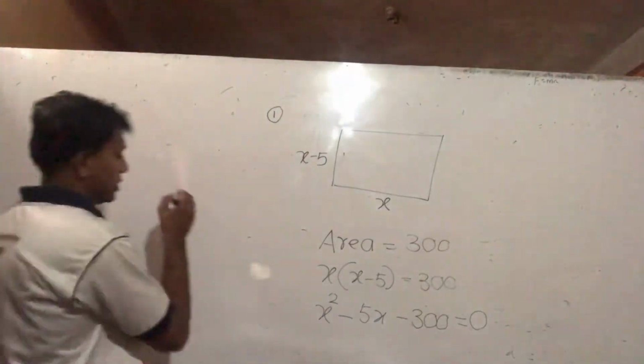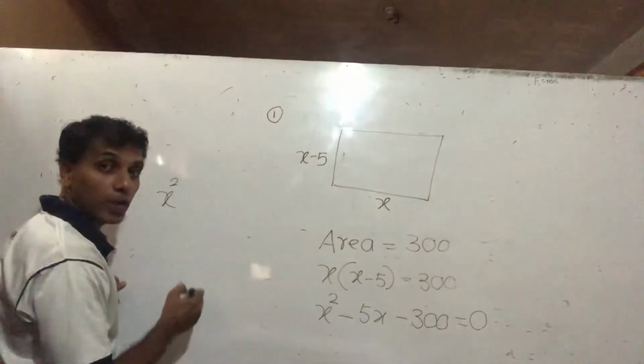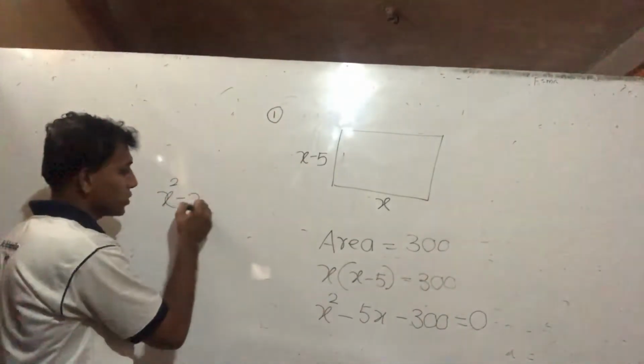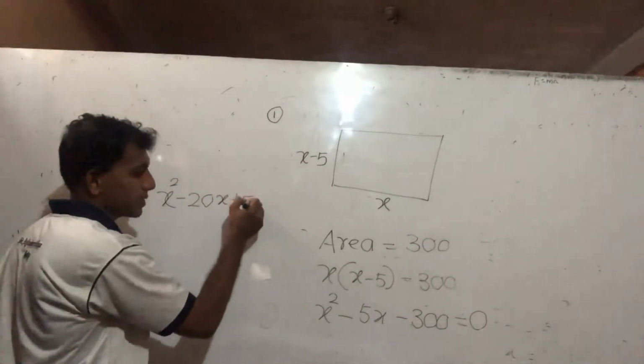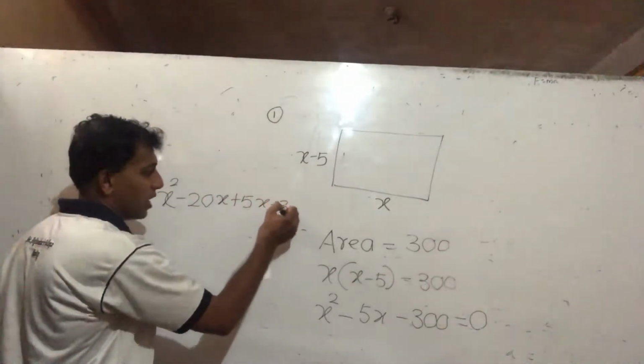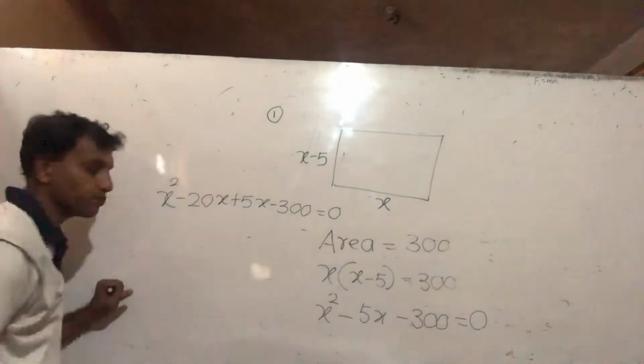So we factorize x squared minus 5x minus 300 as x squared minus 20x plus 15x minus 300 equal to 0.